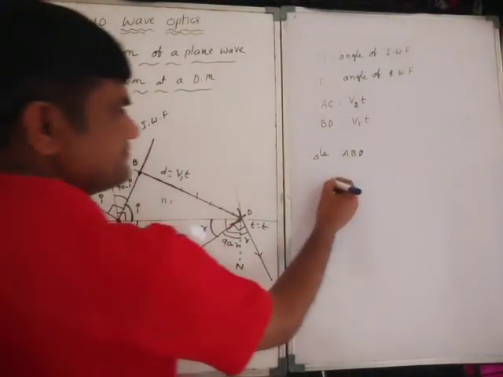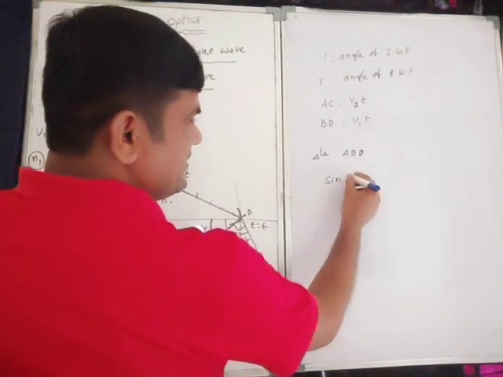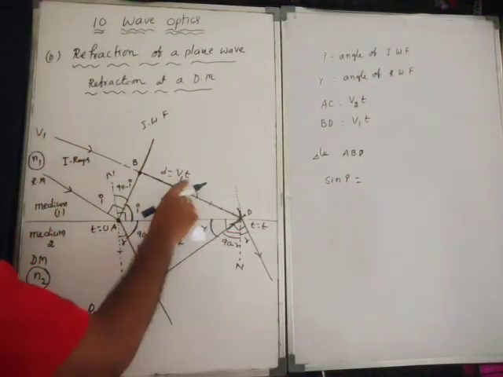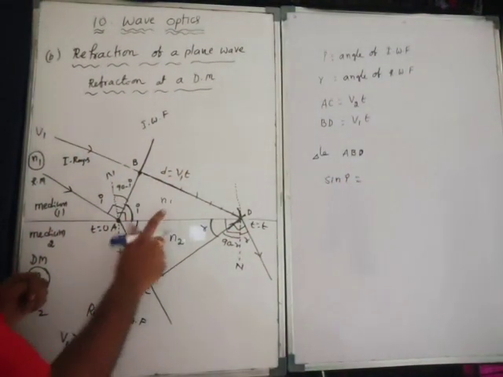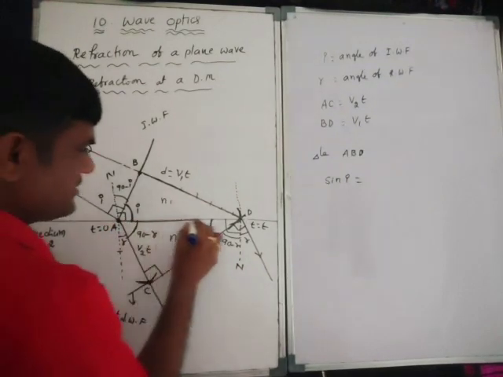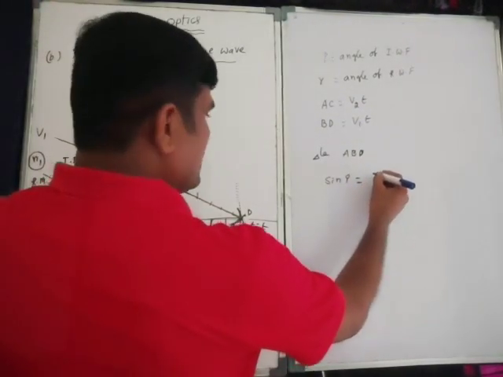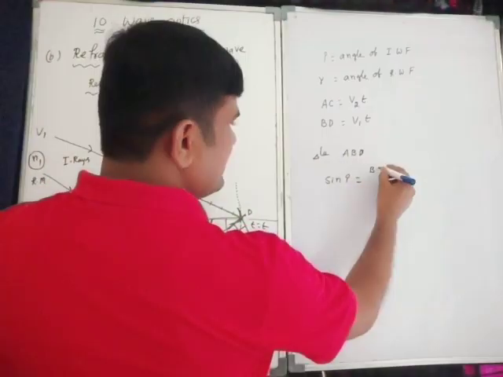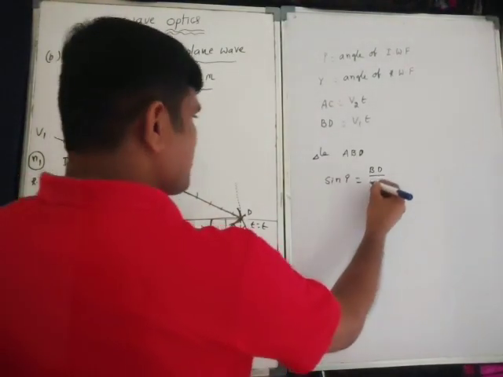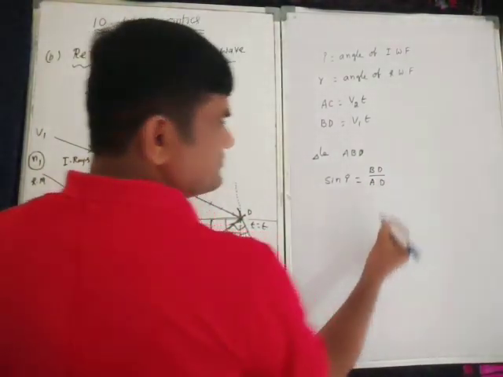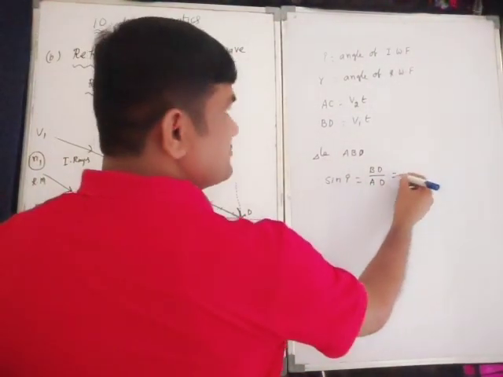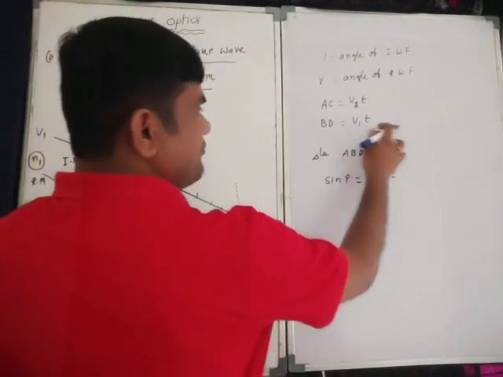Here sin I is equal to opposite side by hypotenuse. AD is the common hypotenuse. So sin I is BD divided by AD, and BD is V1 into t.